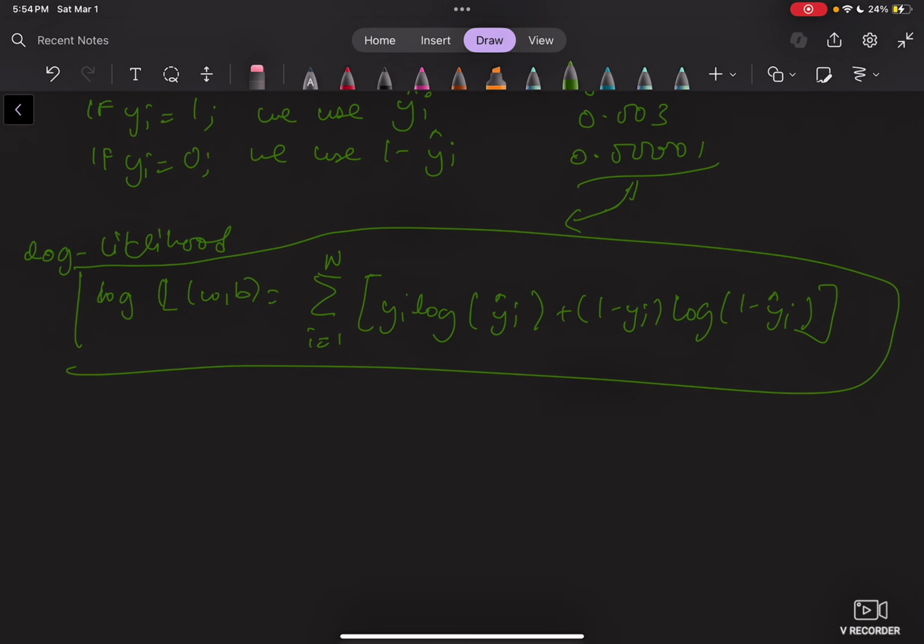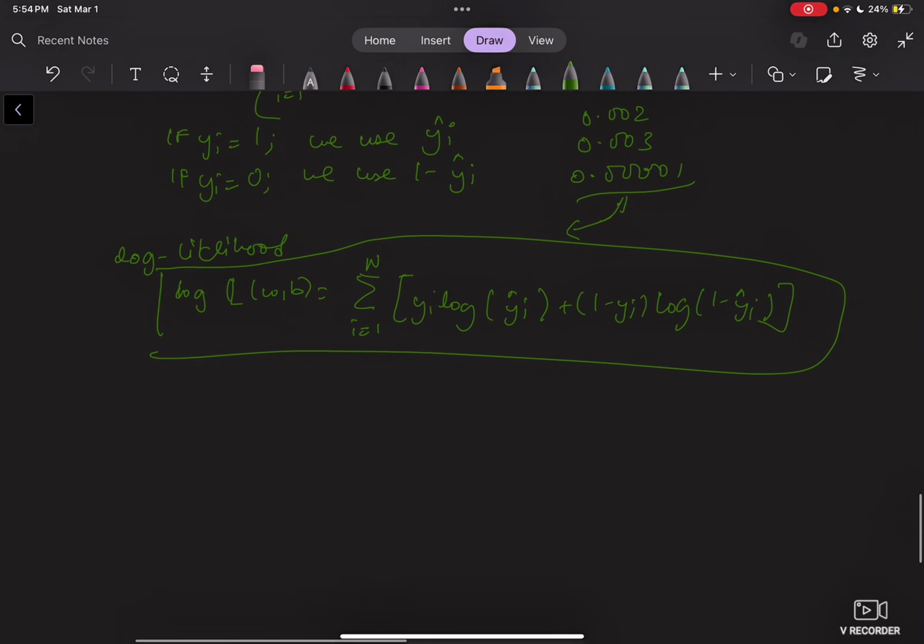And coming back to intuition, if the predictions are good, then y hat is close to the label, which means the log likelihood is high. If the predictions are bad, y hat is far from the correct label, so the log likelihood is low. So here what we want to do is maximize log likelihood to make our model as confident and as correct as possible. Okay, so the goal is to maximize log likelihood.